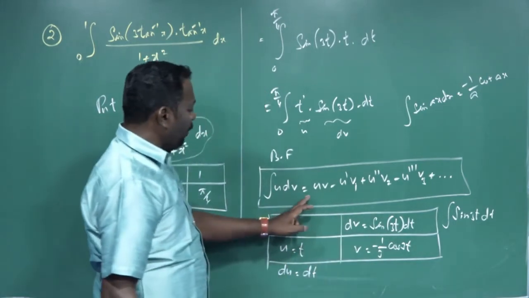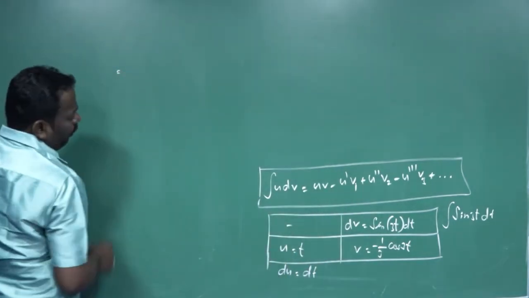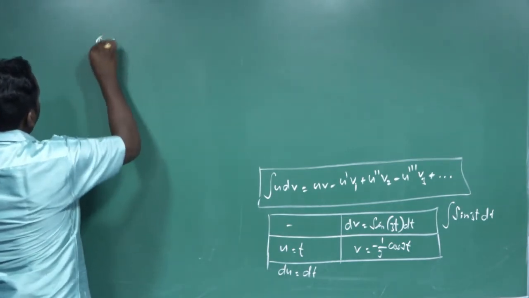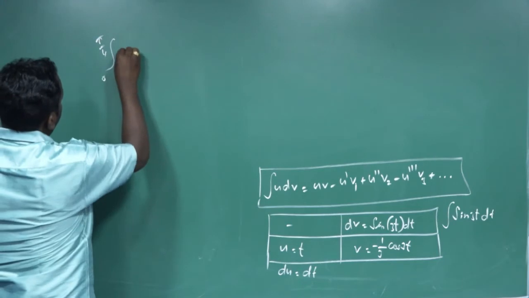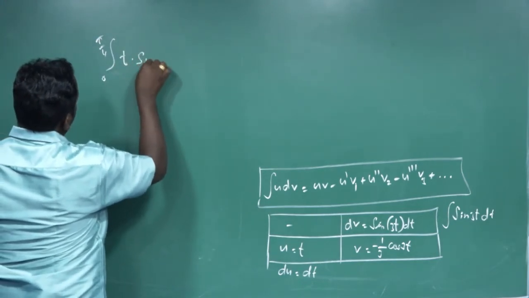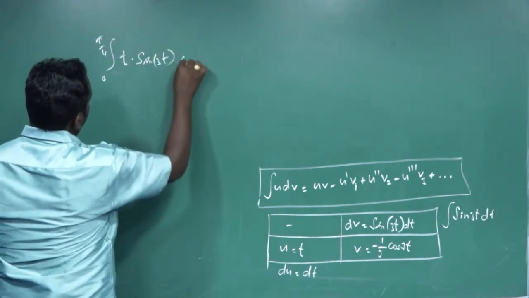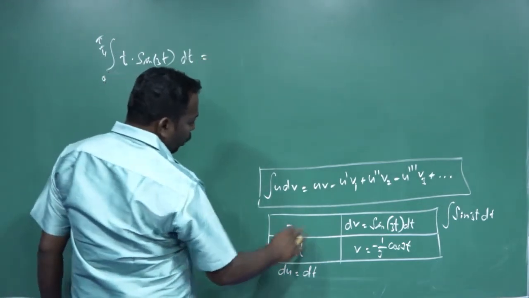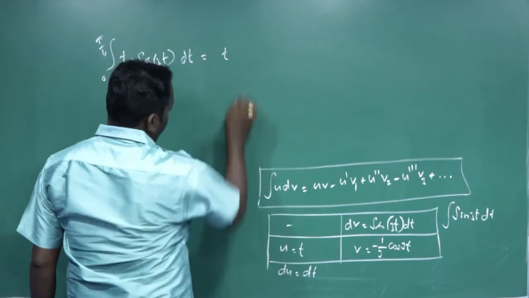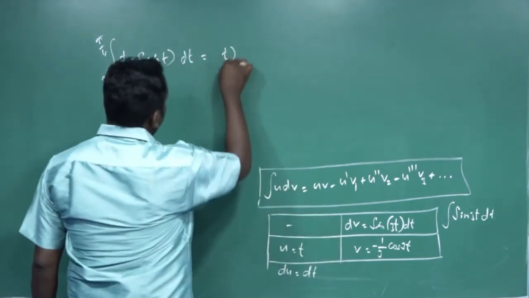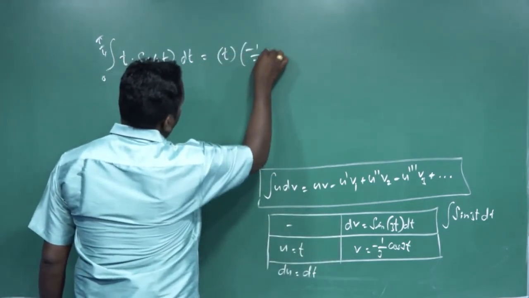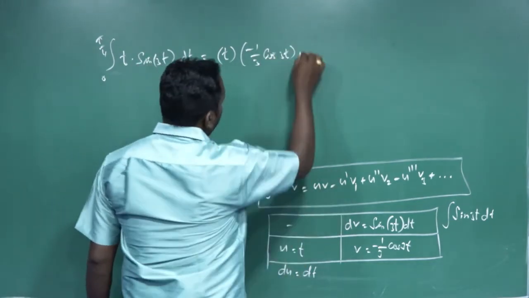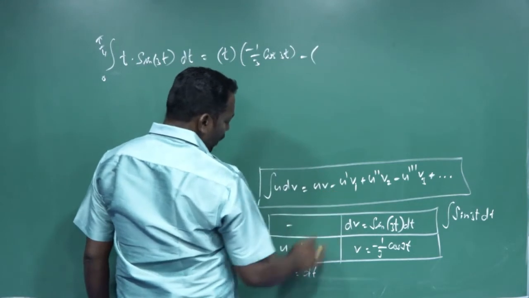Now just applying Bernoulli's form, equal to the last integral value, integral 0 to pi by 4 t into sine 3t into dt, that is equal to integral u into v, u equal to t, then v equal to minus 1 by 3 into cos 3t, then u dash equal to what?